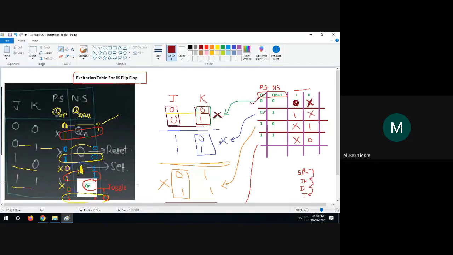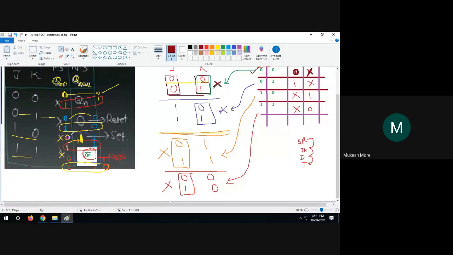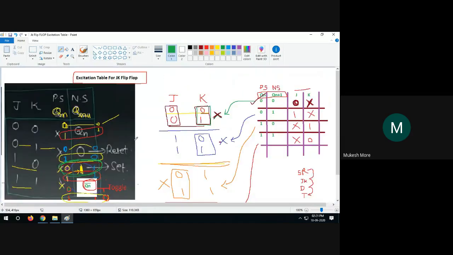Now we'll take the second combination: Qn 0, Qn+1 1. Now we'll check from the truth table. Qn is 0. See, Qn is 0. I'm going to highlight this with the green color. And Qn+1 is 1.